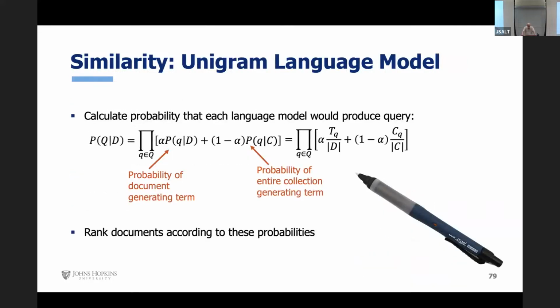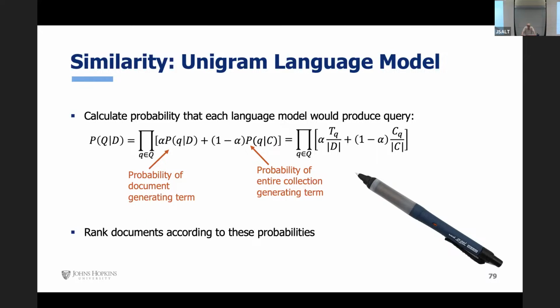So to use this unigram language model for similarity, we're calculating the probability that each language model would produce the query. Okay, so there are other ways to do it, but this is probably the most common. You take the document language model, and you have a query over here, and you're saying, well, what's the likelihood that this model would have generated that query if we just generated text at random from the model?